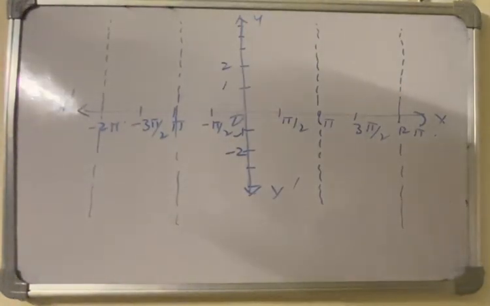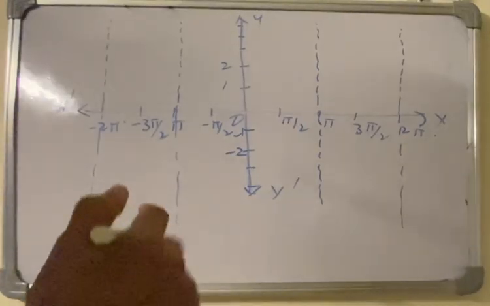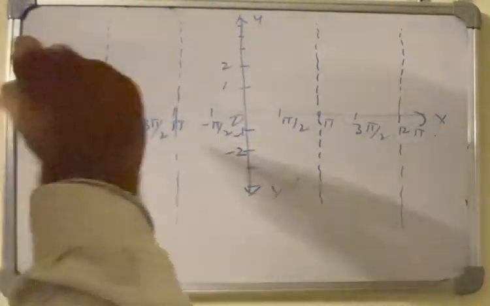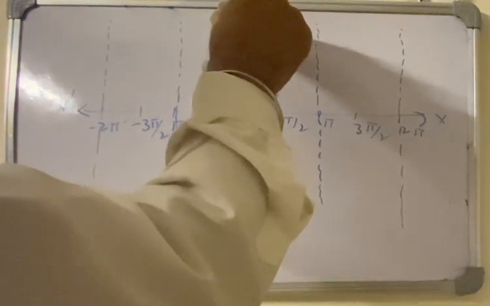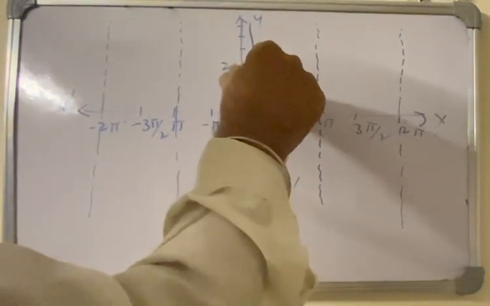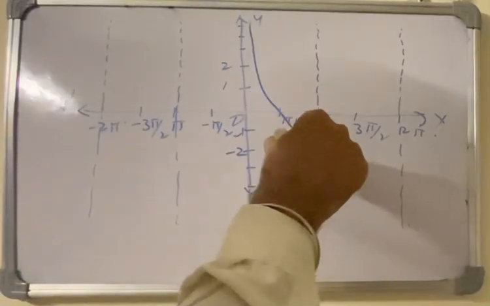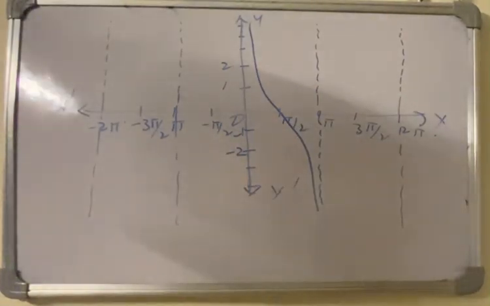Cot pi by 2 is 0. Its graph lies in this way.